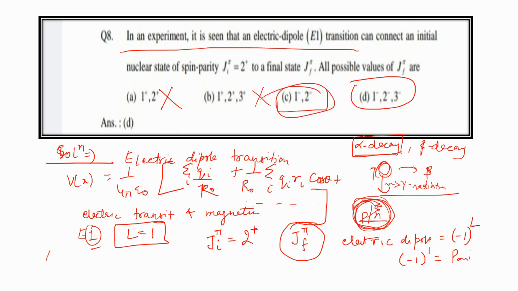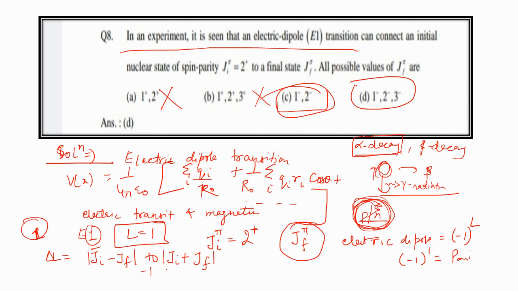Now delta L is changing by 1, right? So to find out delta L, we will do Ji minus Jf to Ji plus Jf, right?